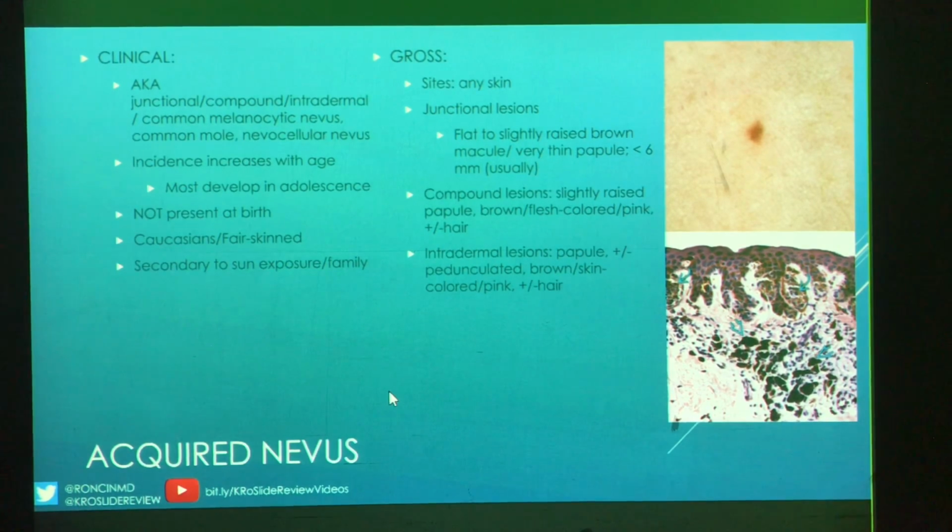Remember, we were talking earlier about how hair is usually a sign that something's benign. And your intradermal lesions tend to be papules. So you see as we go deeper, the lesions are becoming a little more prominent. They may or may not be pedunculated, and they tend to, again, be brown or flesh colored or pink, and they also may or may not have hair involving them.